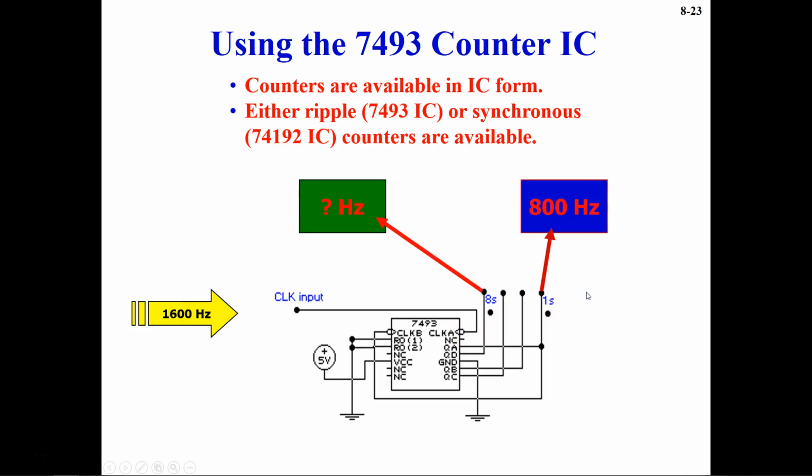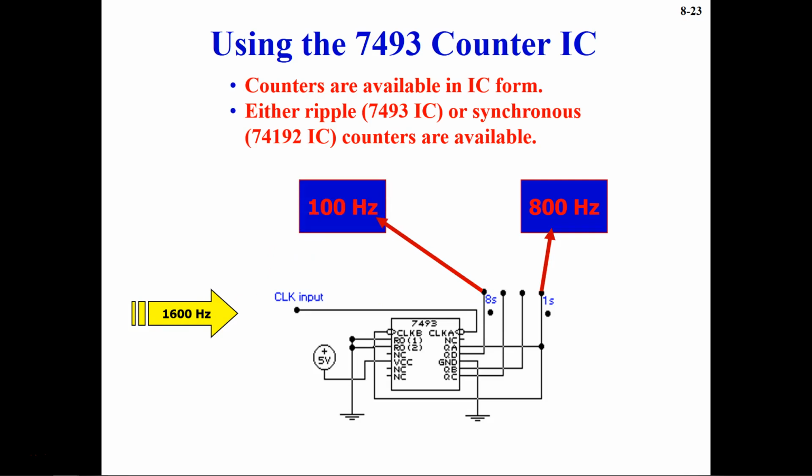And then what is the frequency you're going to get at this point? I told you either you can do f by 2 and just go on, or for this case it is going to be f by 16. So if you divide this frequency by 16, you're going to get 100 Hertz.